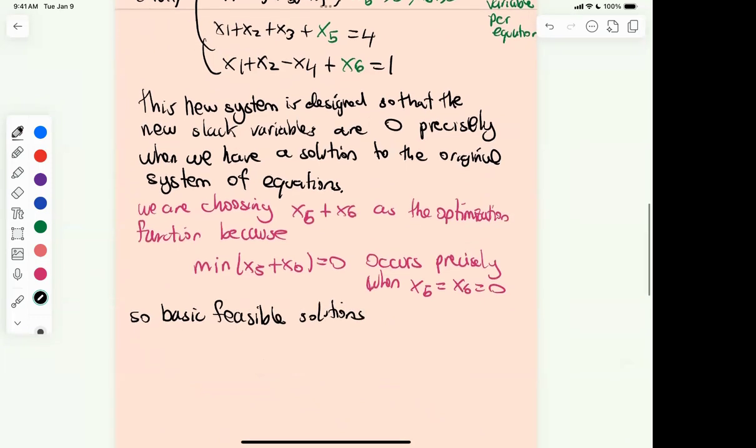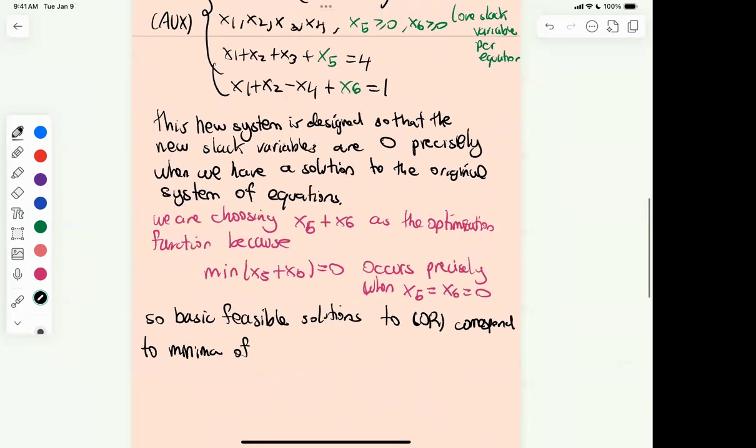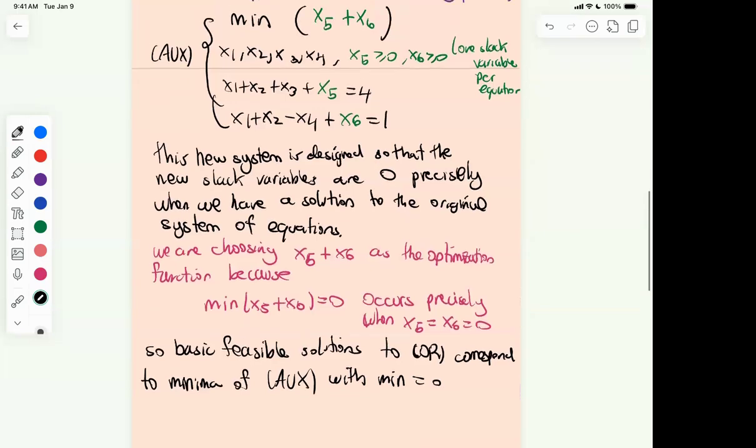So the point is that the basic feasible solutions to the system OR correspond to minima of the auxiliary system with minimum value equal to zero. Is that making sense? That's kind of the idea behind it.